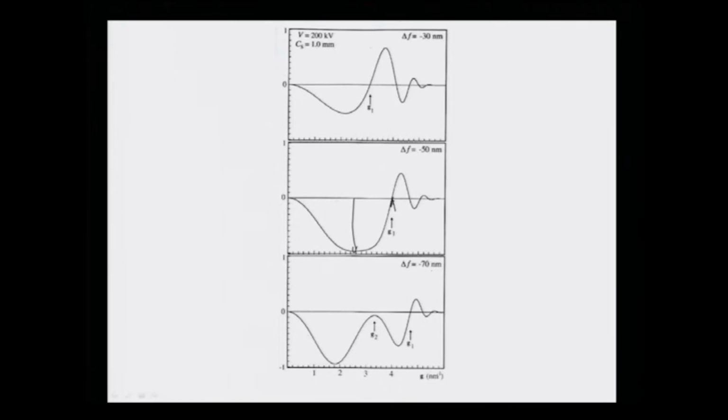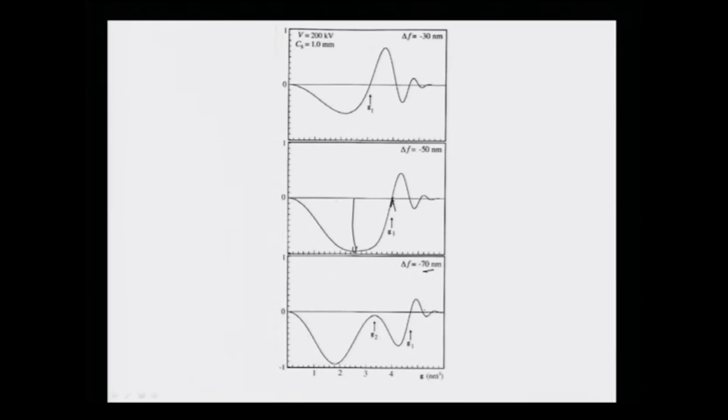But once we go to very high defocus values, we can see two spikes coming into the picture, one at g 1, the other at g 2, and both of them are not meeting the line at 0. So, that makes life very complicated.